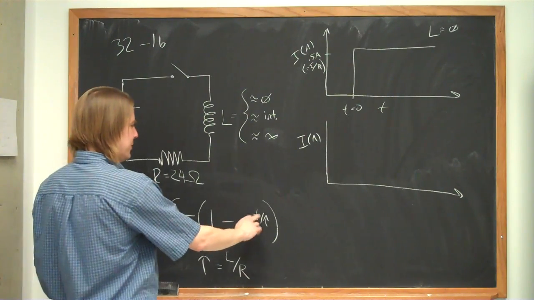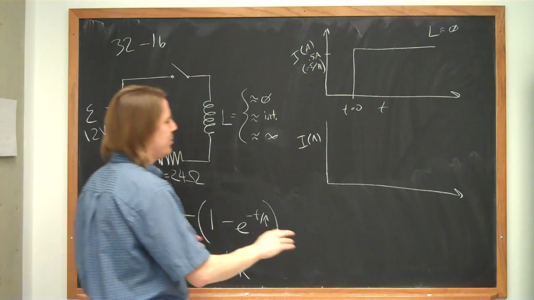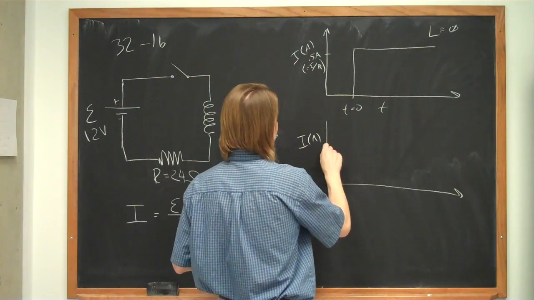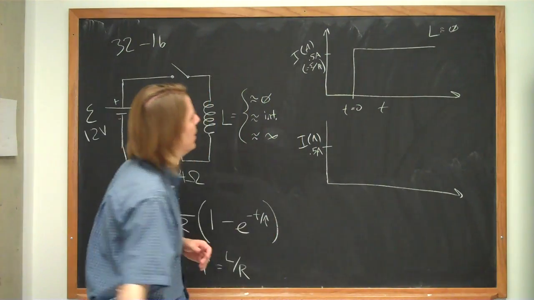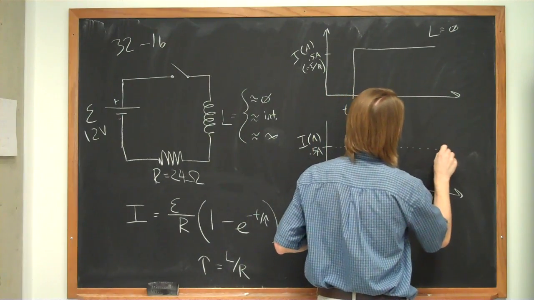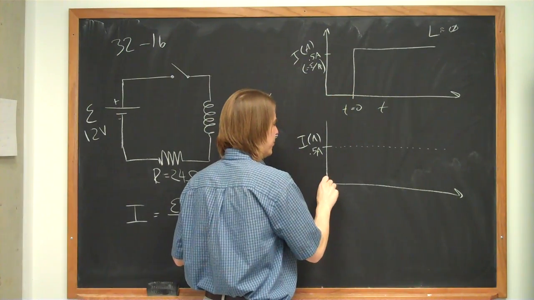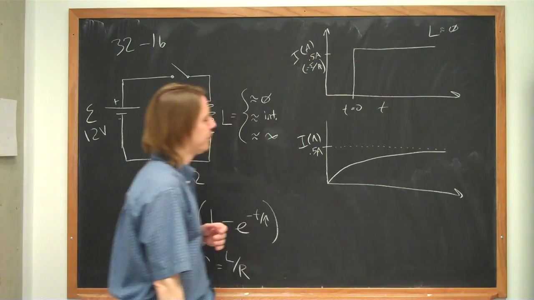Well then, that means that this term is important. And it'll take the shape of the curve that we considered before, where 0.5 amps again is EMF over R, the limiting value that you can get. It comes up and exponentially approaches that limiting value.